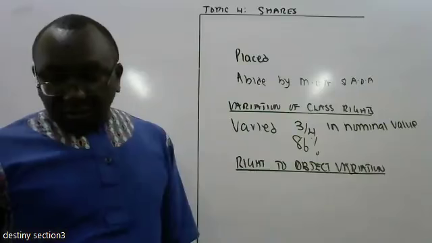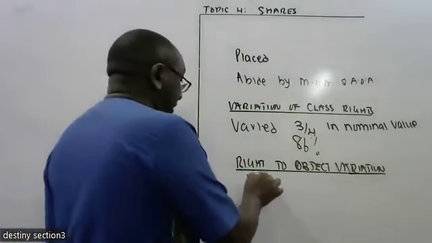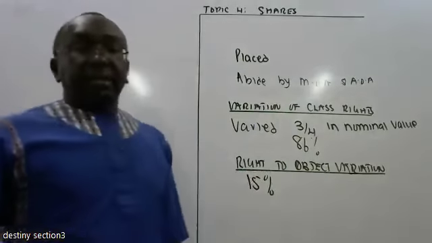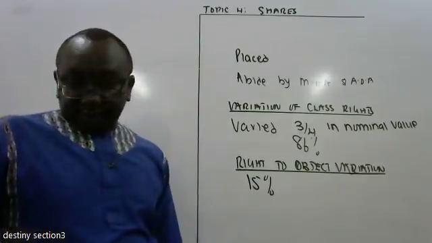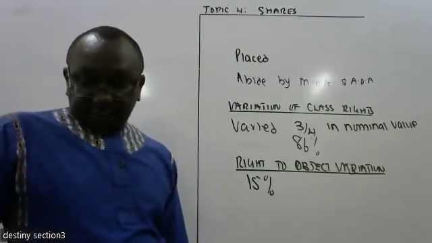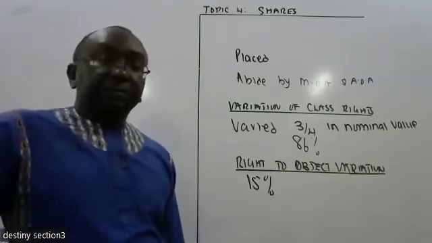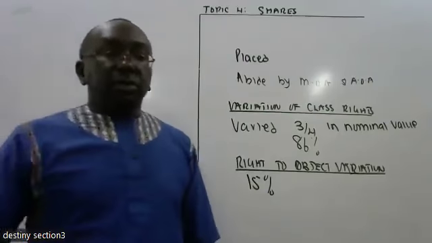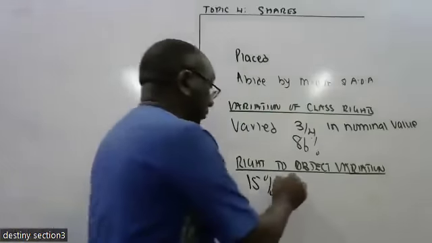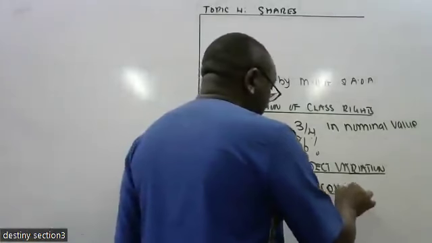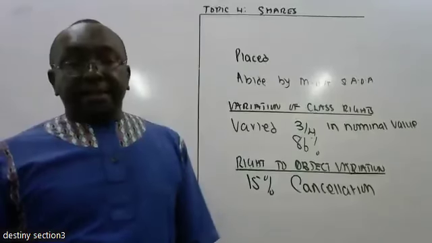Holders of not less than 15% of issued shares can apply to court for cancellation within 21 days.